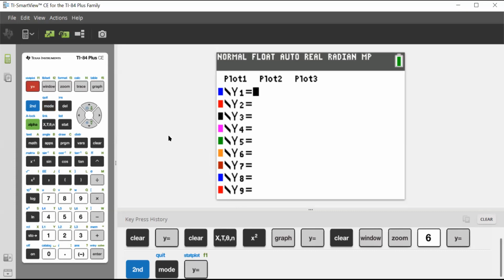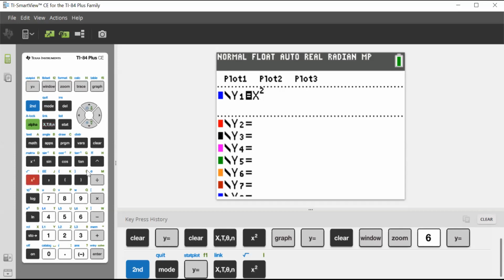And if I want to do x squared, first of all, notice next to this alpha button here, there's a button with an x, a t, and some other variables. So if I click that, notice it puts an x into my equation there. And then because I want to do x squared, I can go 3 buttons below the alpha, and notice that is a squared button. So I get that Y equals x squared there.